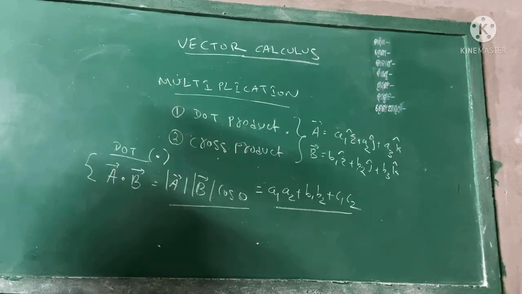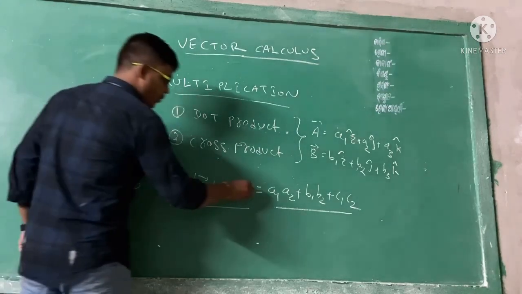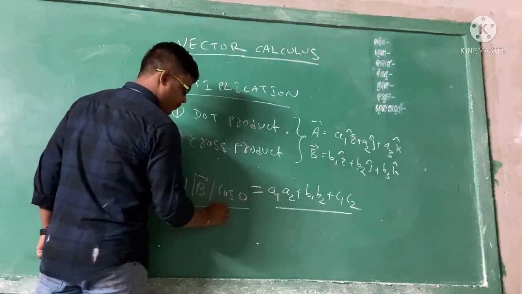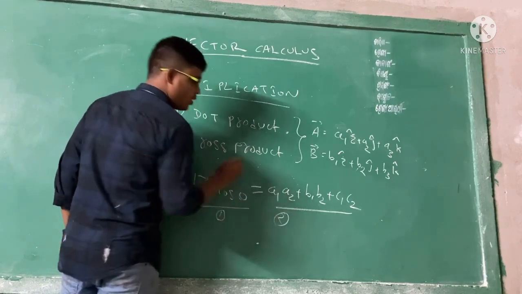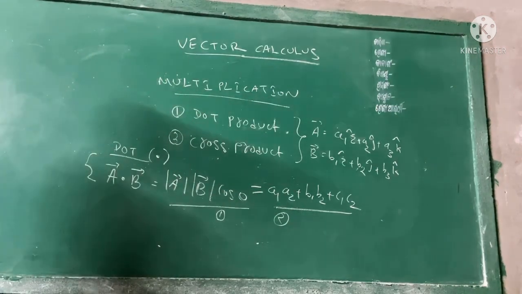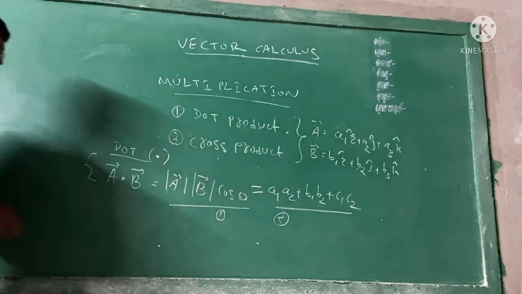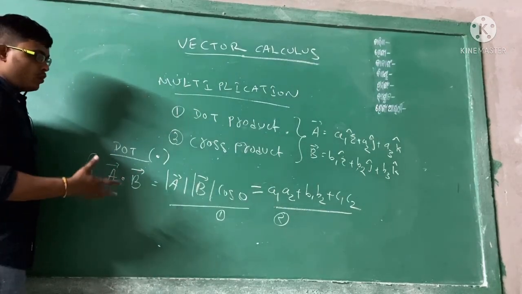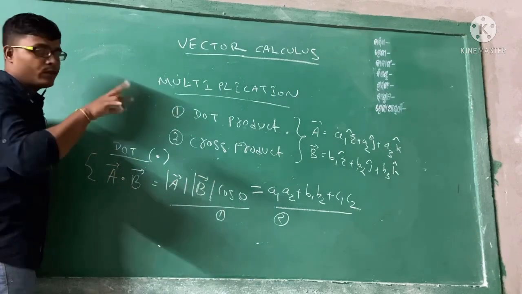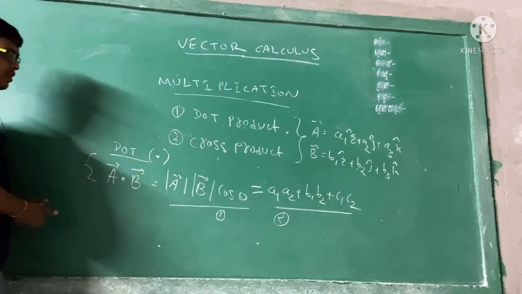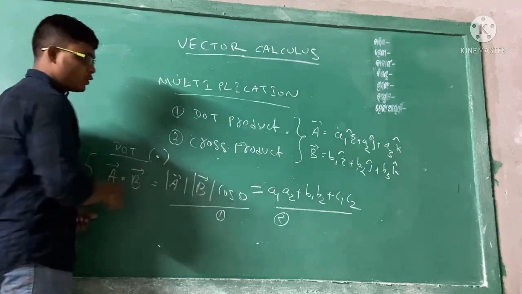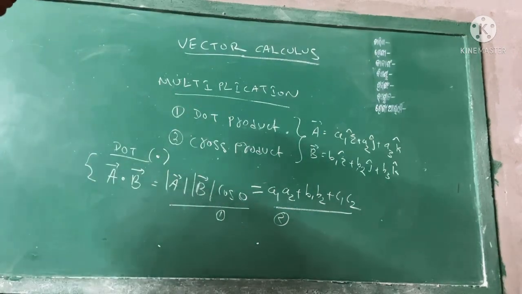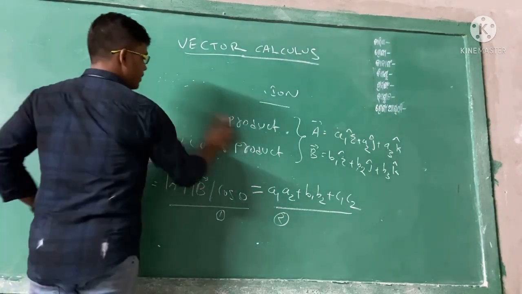If the angle is given in the question, use the first formula, and if the angle is not given, use the second formula. Remember this: theta is the angle between a vector and b vector.